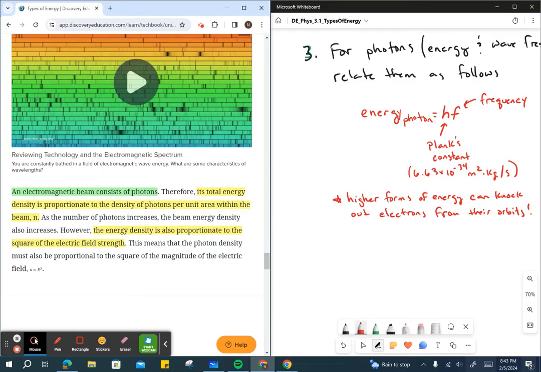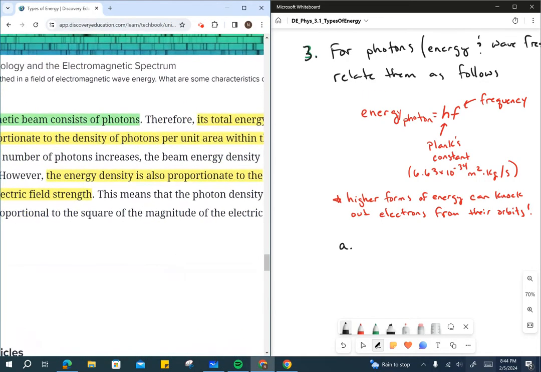Okay, so let's go ahead and write this down. We'll say that this is A. And we're just going to first write this equation here, okay?